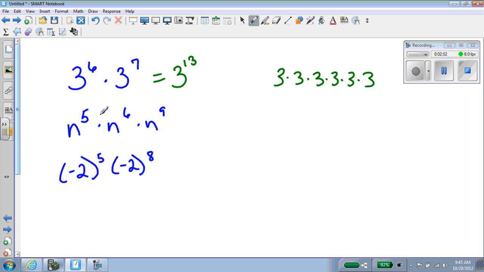If I have n to the 5th times n to the 6th times n to the 9th, that would be like 5 factors of n times 6 factors of n times 9 factors of n, which would essentially be 20 factors of n. If I have negative 2 to the 5th times negative 2 to the 8th, that would be 5 factors of negative 2 times 8 factors of negative 2, which would be 13 factors of negative 2.